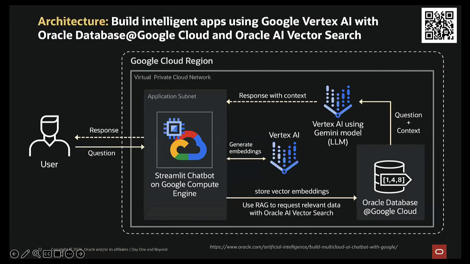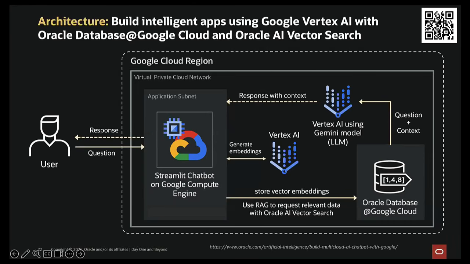So let me walk you through how they work together to power an intelligent e-commerce RAG application. Starting from the left, a user submits a question to your AI assistant. This could be a Streamlit application chatbot running on Google Compute Engine within a private application subnet in Google Cloud. And then the question is immediately sent to Vertex AI.